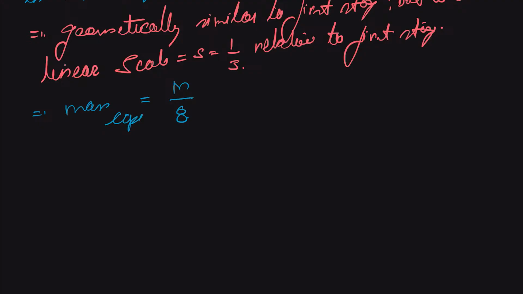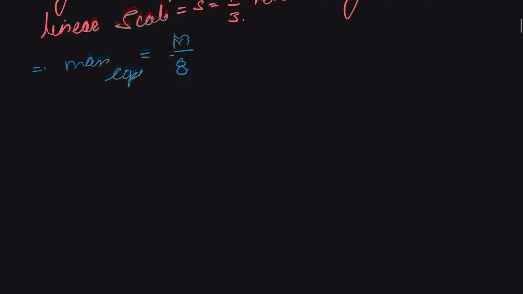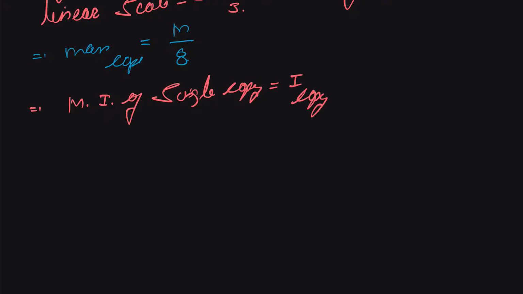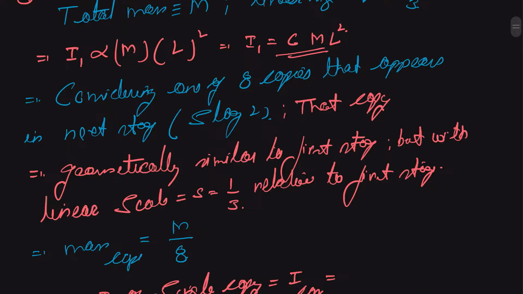And therefore we can say that the moment of inertia of a single copy, I copy, we can write using the general formula, which is C multiplied by M L square.